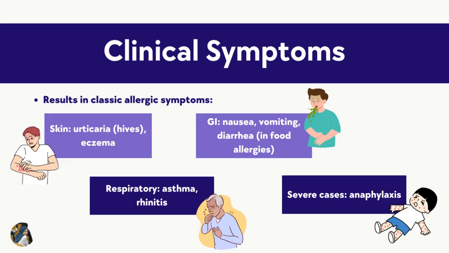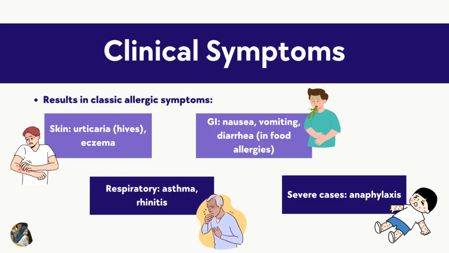After an allergen binds to IgE antibodies on a mast cell or basophil, it triggers the release of chemical mediators like histamine. This process leads to the symptoms we see during an allergic reaction. For the skin, we might see urticaria or hives and eczema.